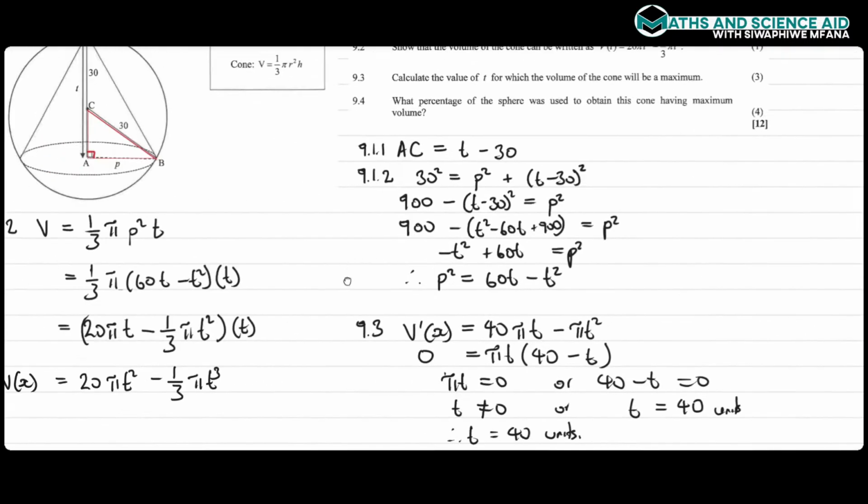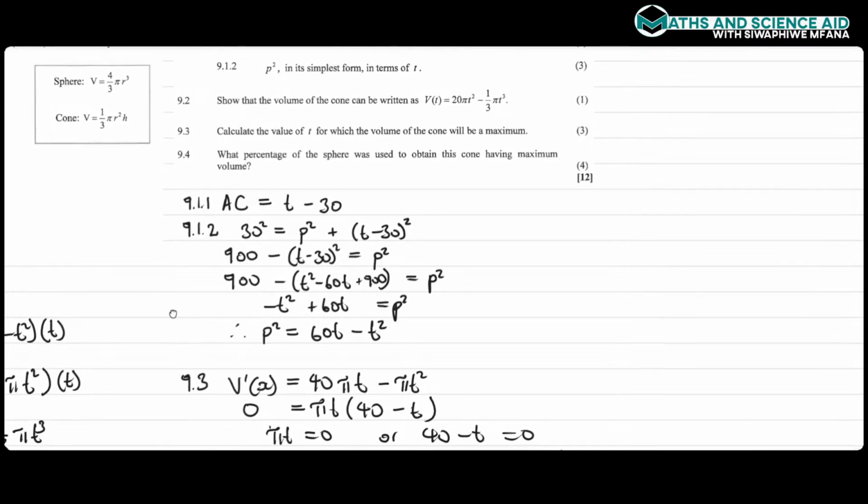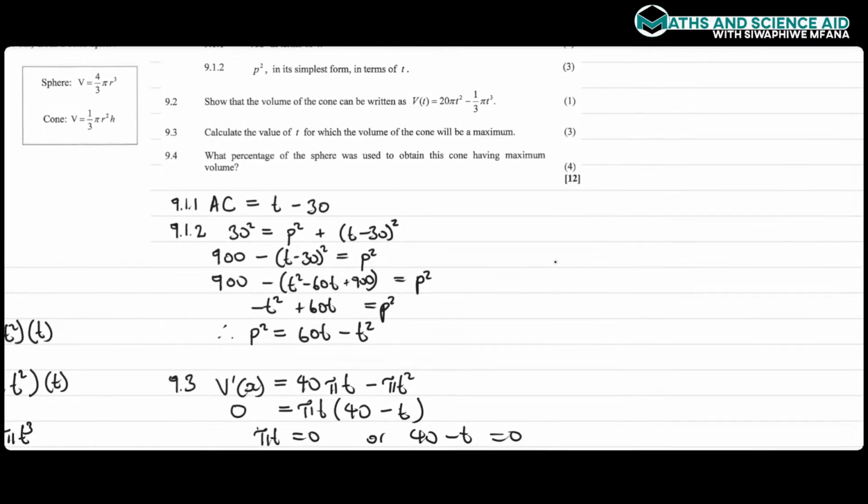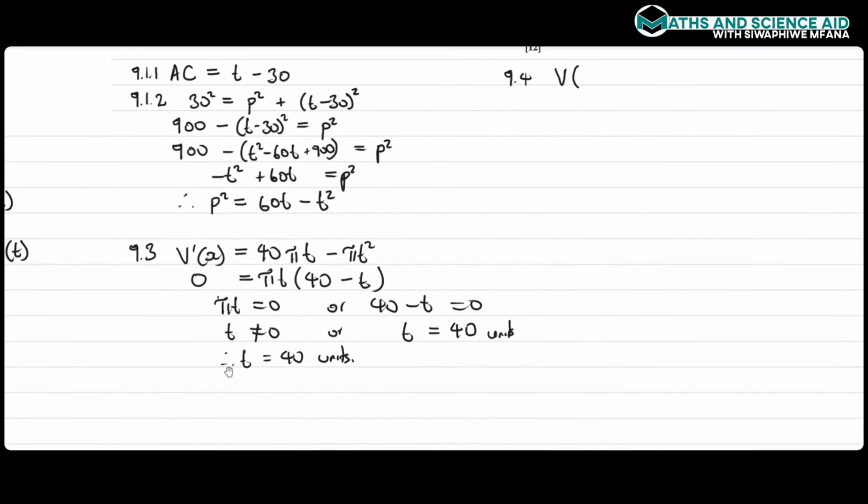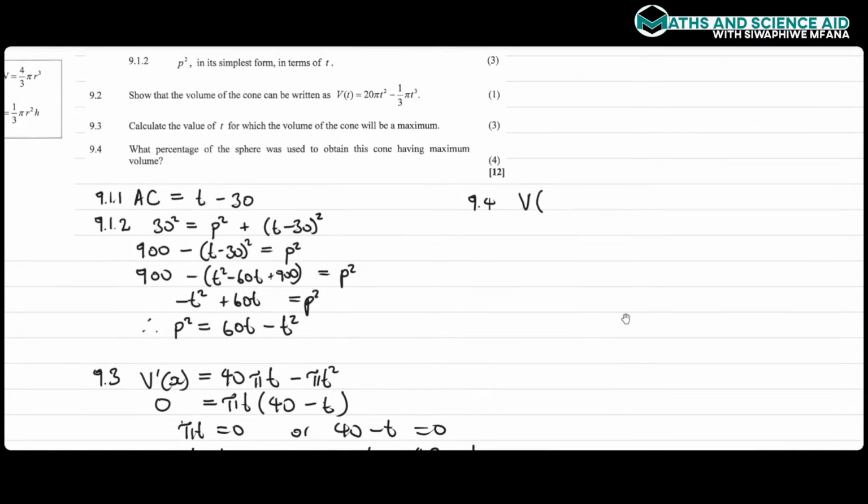Let's do it. I want to see the volume of the sphere. So to answer 9.4, number one, let us work out what the maximum volume of the cone is. Let's start with the cone. In order to get the maximum volume of the cone, we'll just take our value of t that would make the volume of the cone a maximum, which we found to be 40.